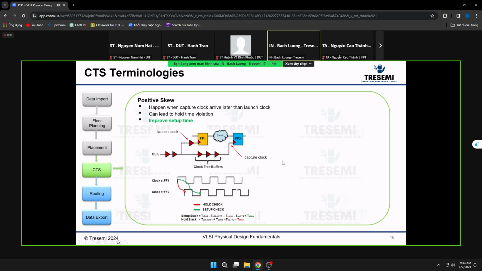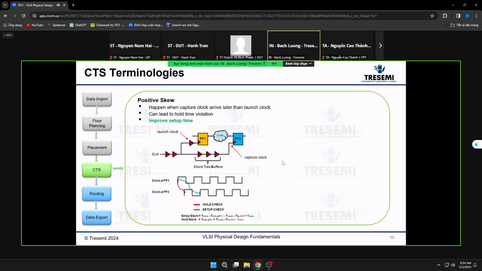I'll pause here to let you think about it. You may ask the question, why don't we just have positive skew all the time on all the flops? Looking at the setup slack formula, the bigger the skew, the better the slack will be, which helps setup time. Why don't we have a large clock skew? Does anybody know?